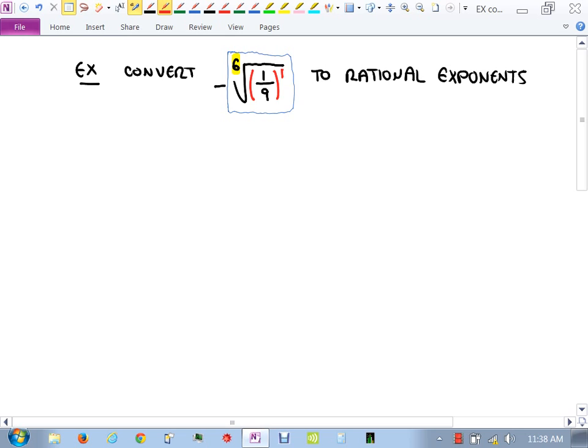Do y'all see that? So our answer should be the negative that was sitting out in front of the whole blue box, but then our x, which is 1/9 raised to what power? 1/6. That's it.